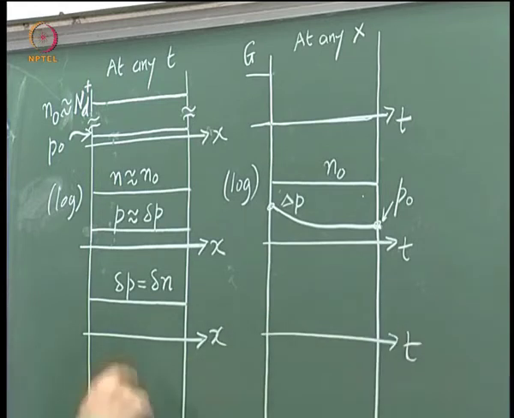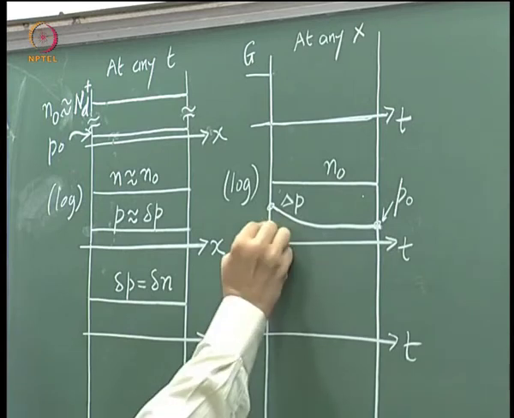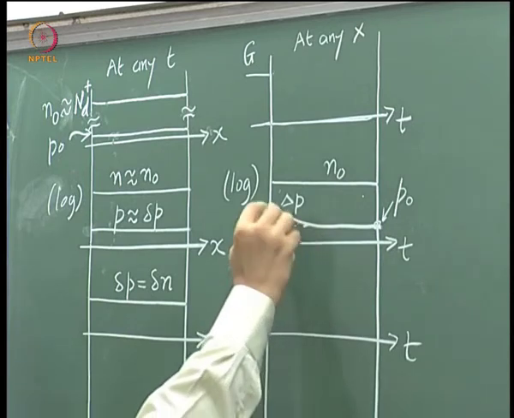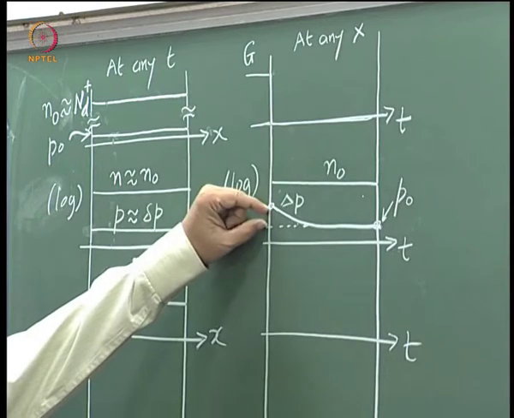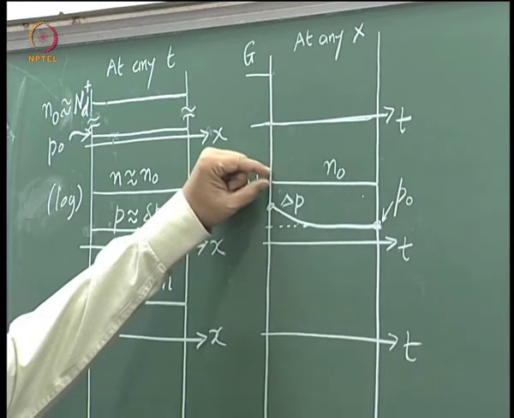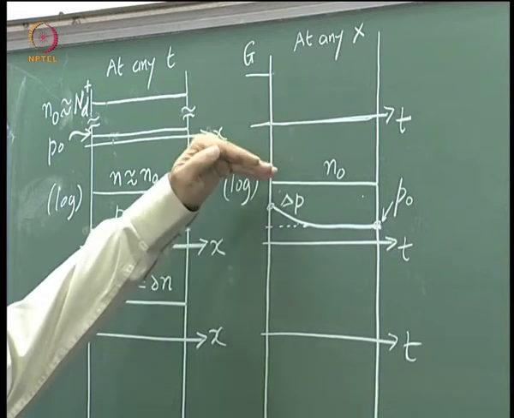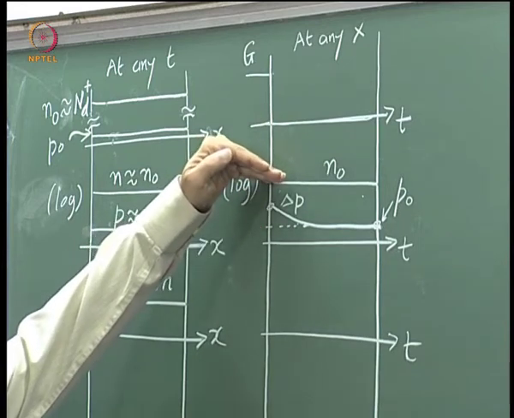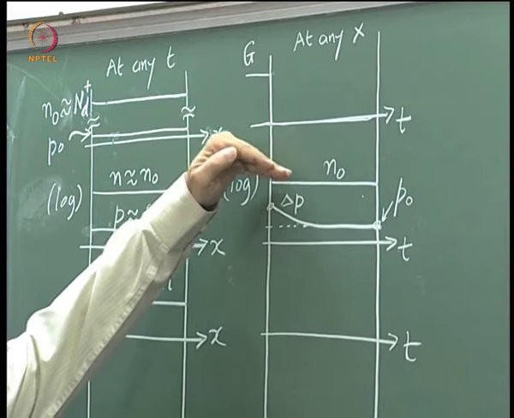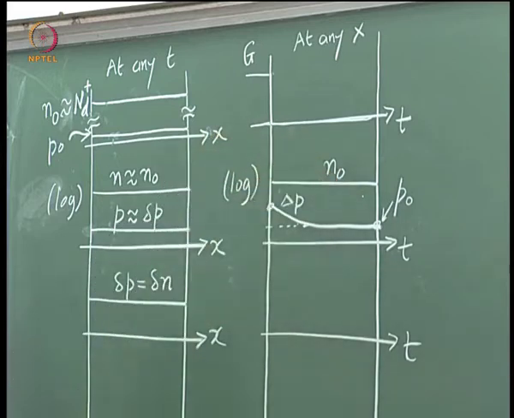If I sketch the excess carrier concentration, that I can do on the linear scale. So, that is in fact shown by this difference here. The excess electron concentration is also the same. However, since it is a log scale, the majority carrier concentration does not appear to be disturbed very much. That is why this looks like an almost constant line.